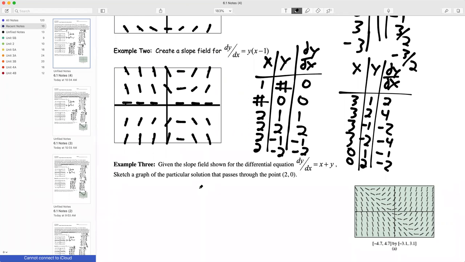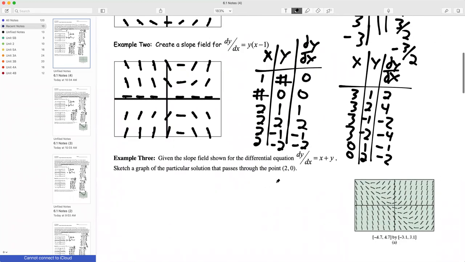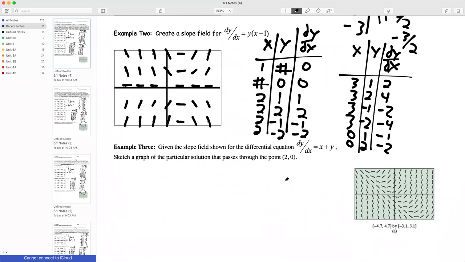So for example, if we were doing this on the first one, and they asked us to sketch a particular solution, we would need to draw a parabola that follows the slope fields of the first one here. So on this one, the first thing I would do is graph the points. So (2, 0) is going to be right there.